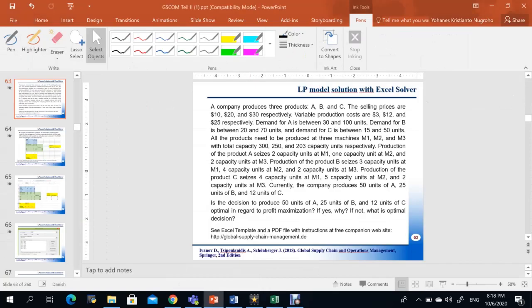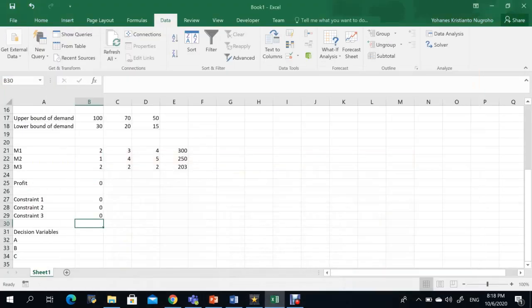For each machine, so for A, 2 capacity units at M1, 1 capacity unit at M2, and 2 capacity units at M3. So product A seizes 2 capacity units at M1. Is it true?